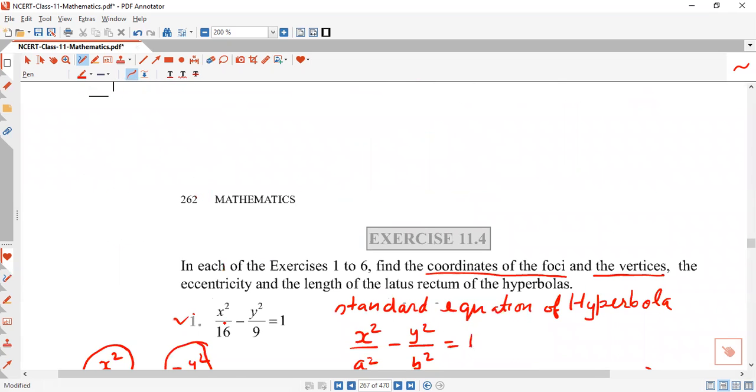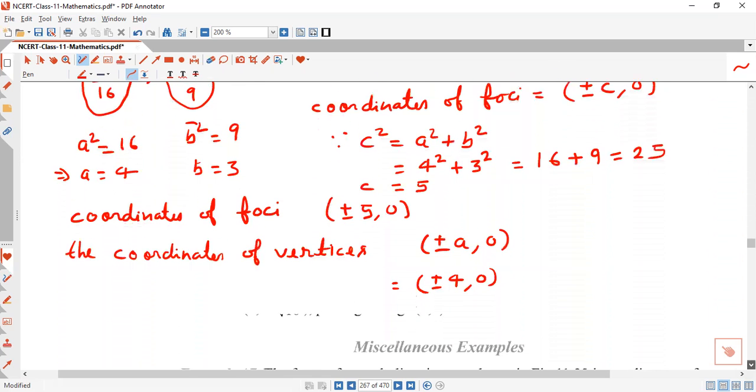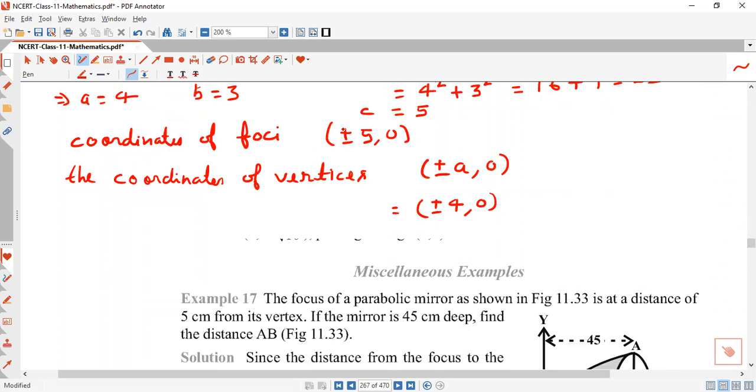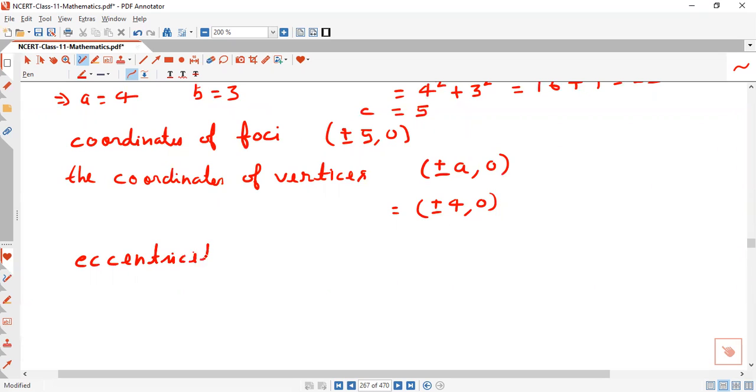Another thing the question is asking is the eccentricity. The eccentricity of this hyperbola will be defined as e equals under root 1 plus b upon a whole square.